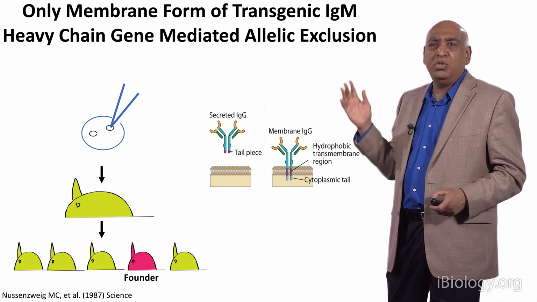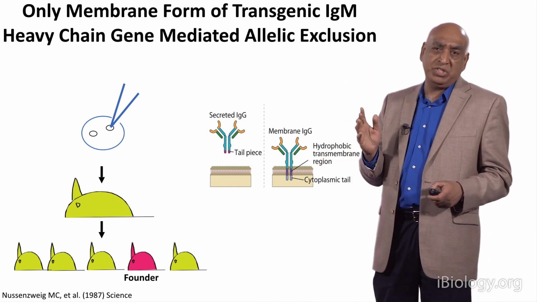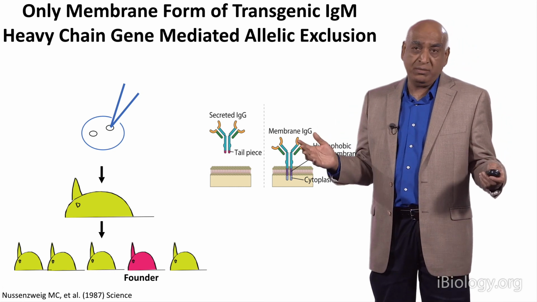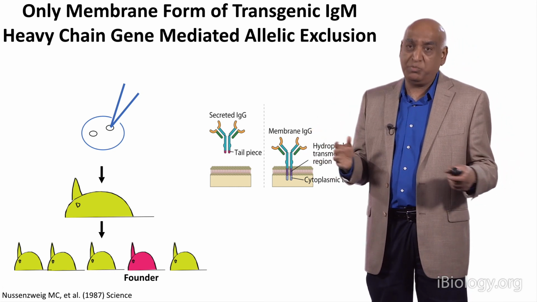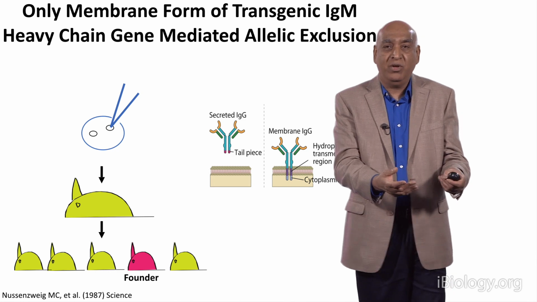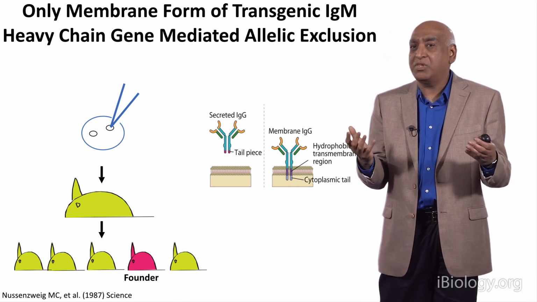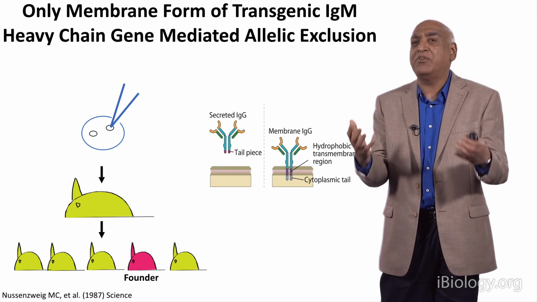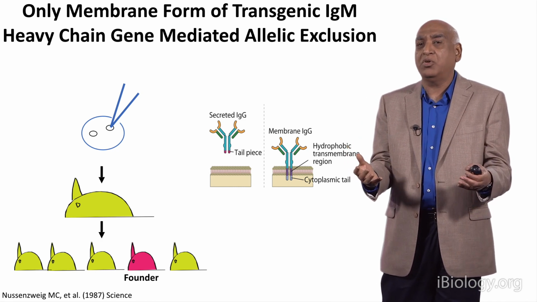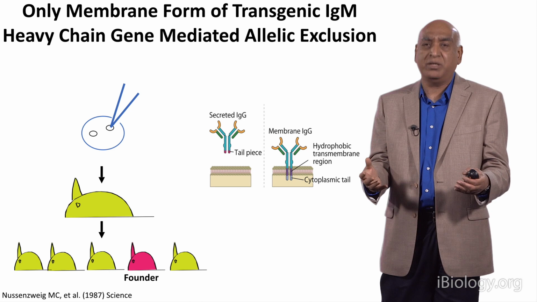So somehow the membrane form of the heavy chain gene made some protein which signaled somehow, which prevented rearrangement of the immunoglobulin genes. So we talked about VDJ recombination in the previous lecture. So basically that entire phenomenon at the immunoglobulin heavy chain locus was somehow blocked. Okay?